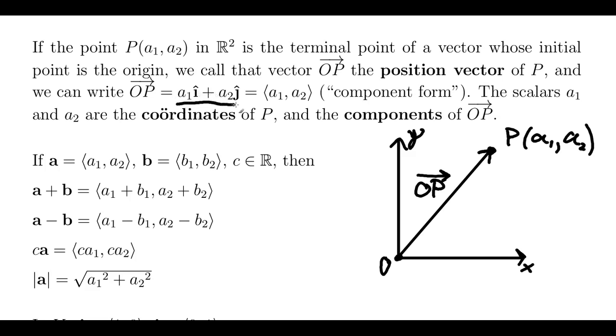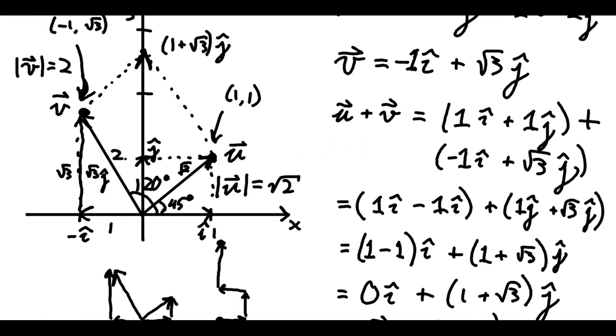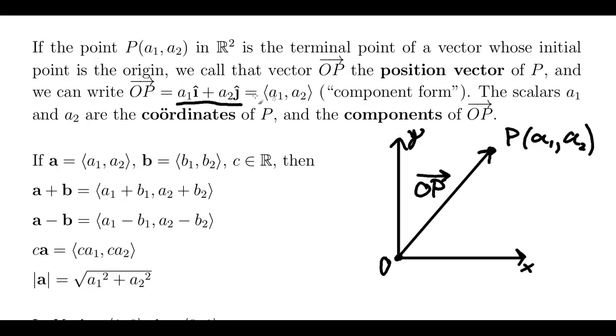This is the style of thing that we did. Let me pop right back to that. Here I wrote u as 1i plus 1j, and I wrote v as negative 1i plus radical 3 j. That's because the coordinates of u are 1, 1, and the coordinates of v were negative 1, radical 3. Wherever i is, I don't know if a1 is bigger or smaller than 1, but let's suppose it's bigger, so maybe i is here.